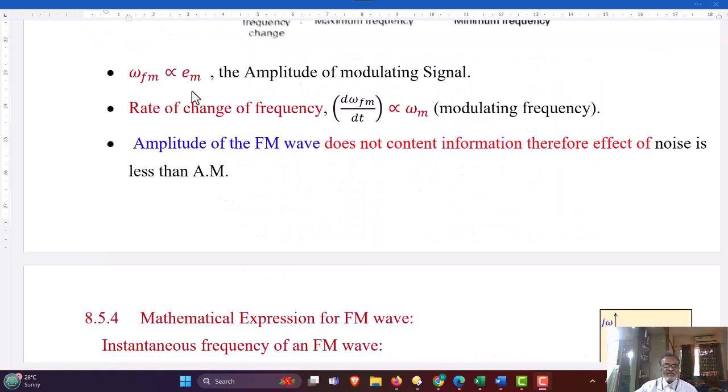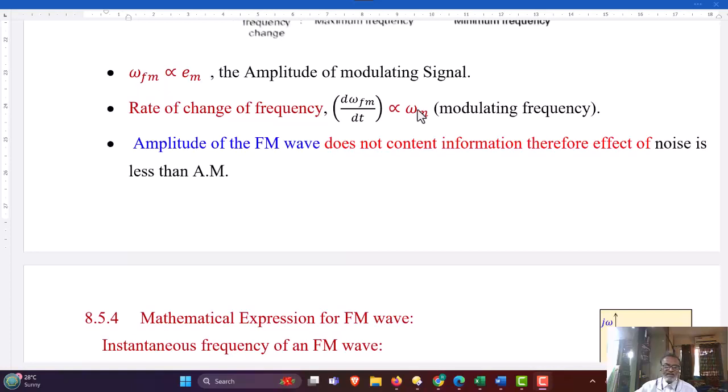So the same thing is mentioned here. The frequency of the modulated signal is now proportional to the instantaneous value of the modulating signal. We have seen that the rate of change of frequency, that is d omega_FM by dt, is proportional to the frequency of the modulating signal.